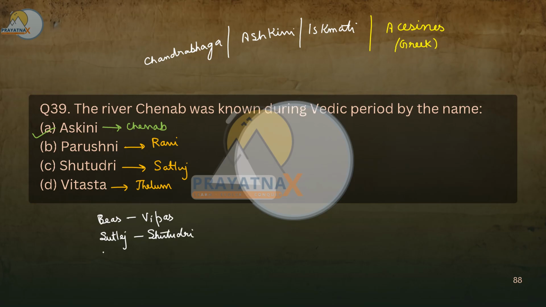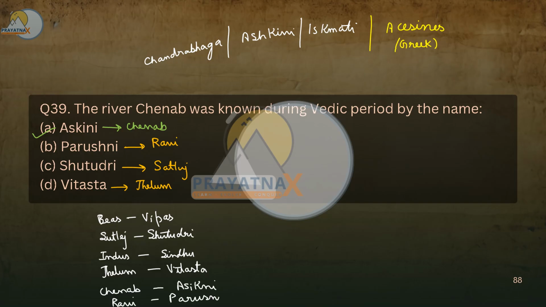The Indus River was known as Sindhu. Jhelum River is known as Vitasta. The Chenab River is known as Asikni, and the river Ravi is known as Parushni or Iravati.